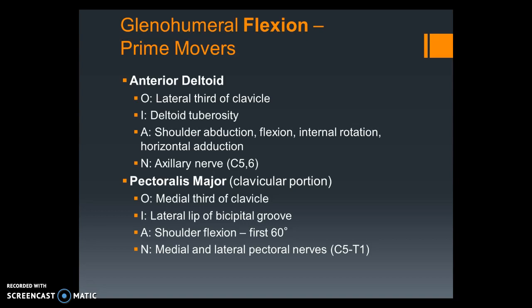The pectoralis major, it's the clavicular portion that performs glenohumeral flexion. It originates on the medial third of the clavicle, inserts on the lateral lip of the bicipital groove. Its action is the first 60 degrees of shoulder flexion, and it's innervated by medial and lateral pectoral nerves, C5 through T1.